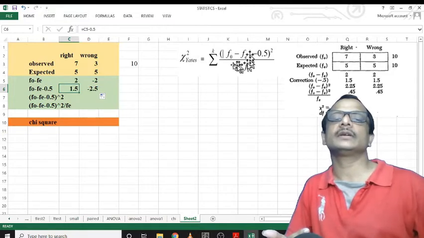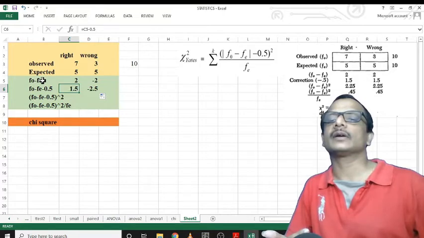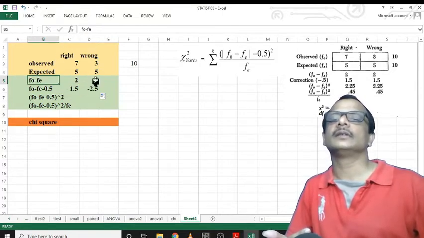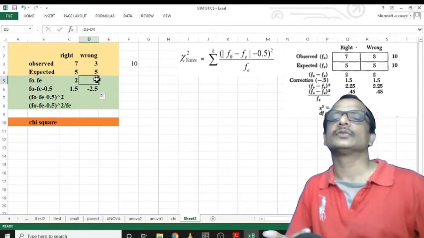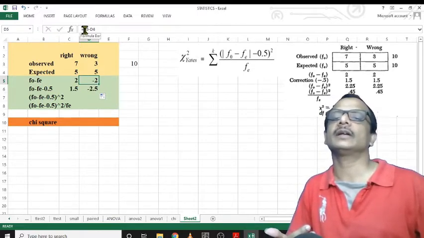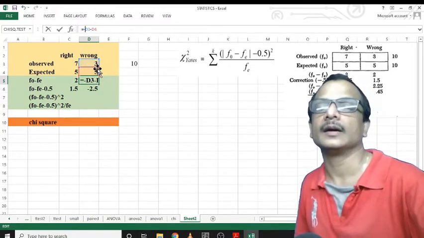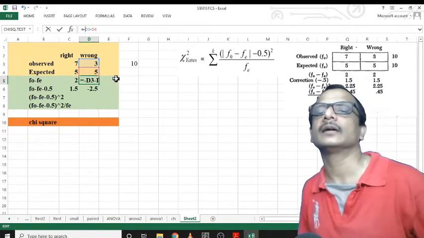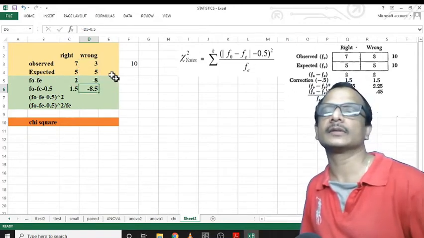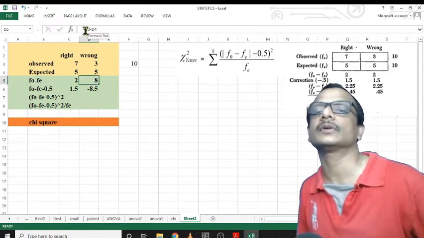We cannot consider the negative sign here, so we have to change it into a positive value.